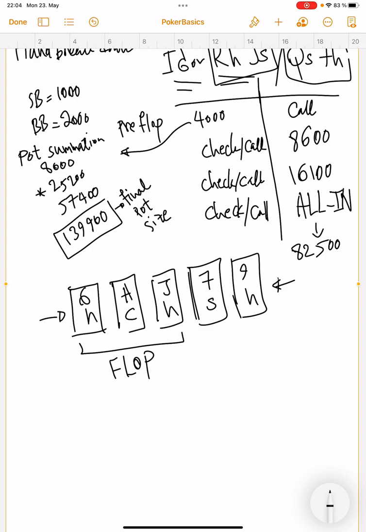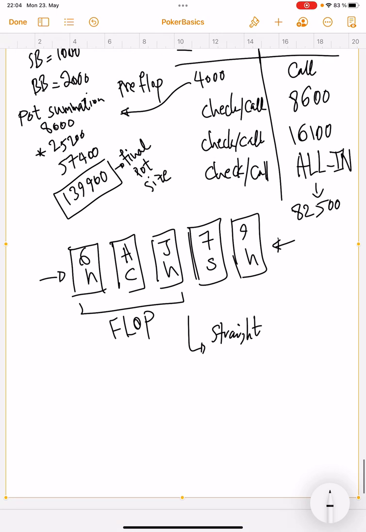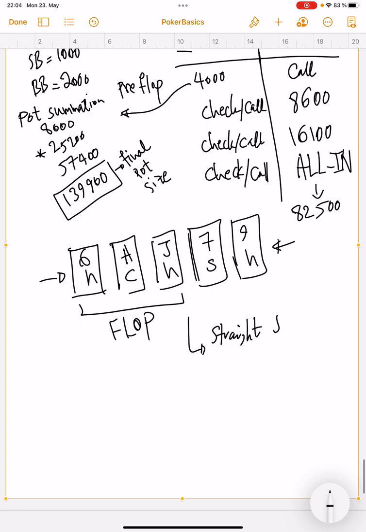But what possibilities are in this hand? We have a straight possibility. If you look a little bit carefully, we have jack, 7 and 9, and it means 8 and 10 will make a straight, right?